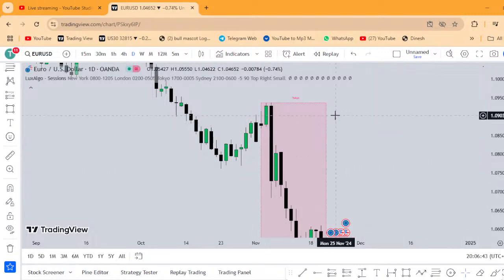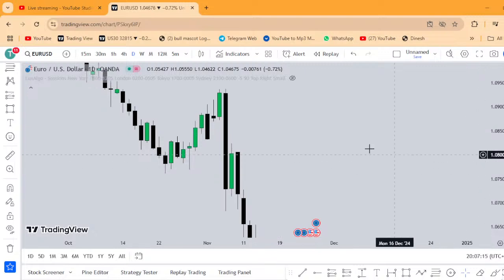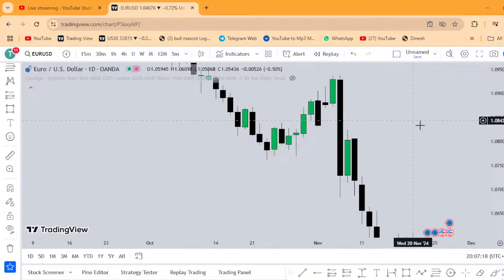From this price level of 1.10000 to this price level of 1.09066, there has to be an exchange of liquidity between buyers and sellers. For this candle to form from open, high, low to close, there has to be a transaction of money. So you must be able to identify the right liquidity.